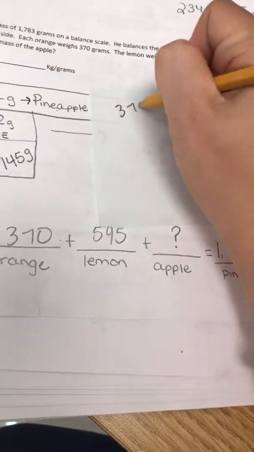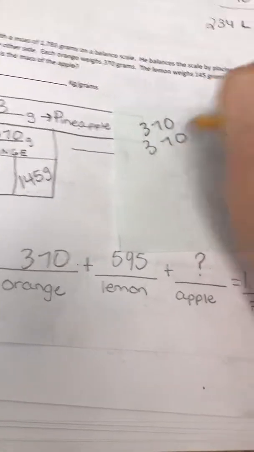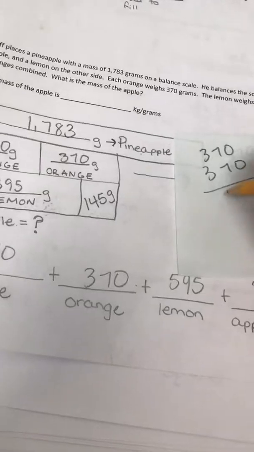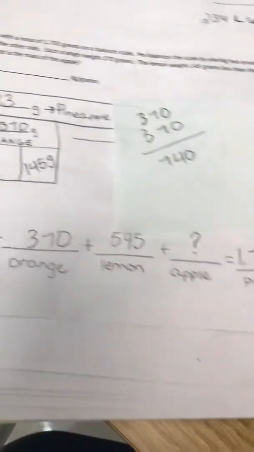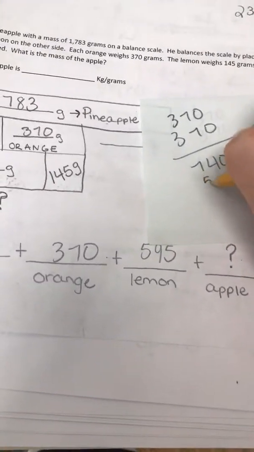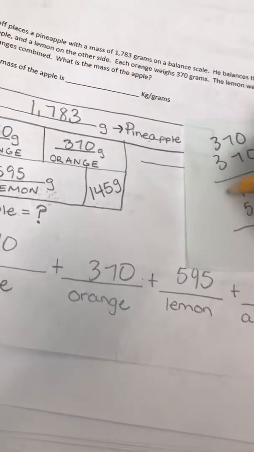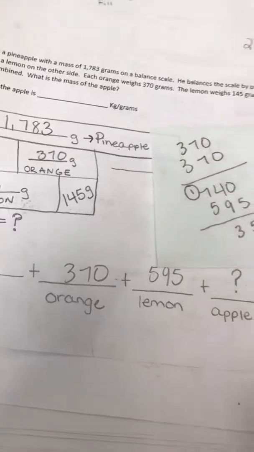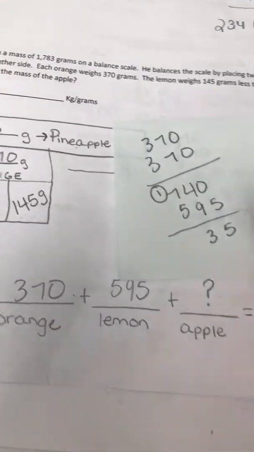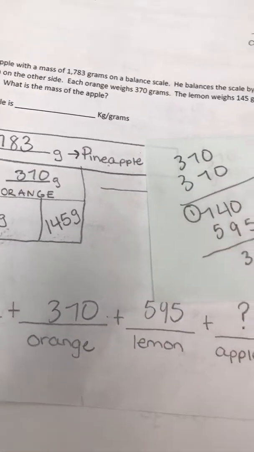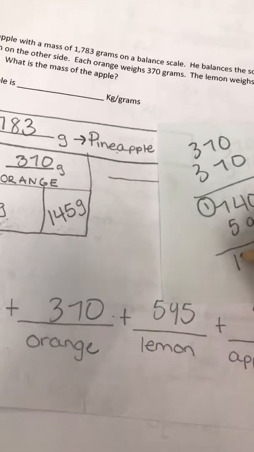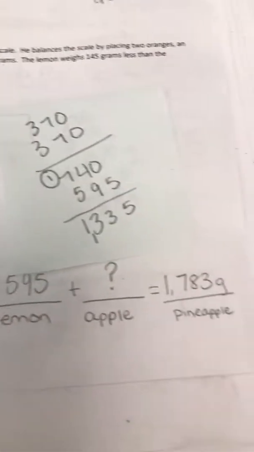I have 2 oranges, which we've already added, and we know that that gives us 740 grams, plus the weight of the lemon. Double check my math there, sorry.